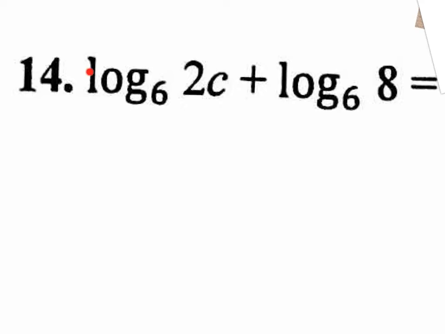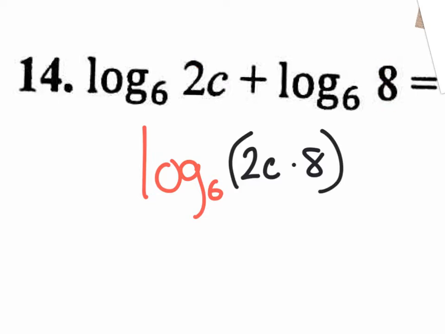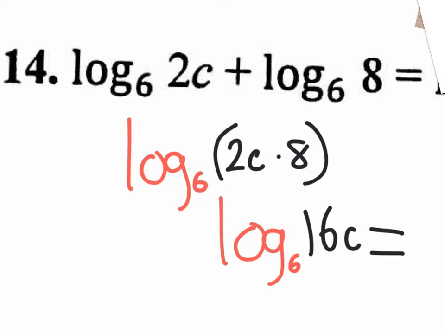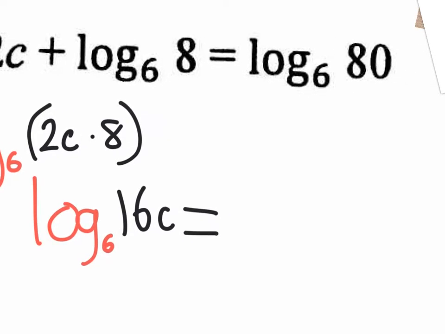So I'm going to take both of these log base 6 and write them together as one single log base 6. And all we have to remember of that property is that if you put them together, you have to take this 2c and multiply it with 8. So now I have 2c times 8. What's 2c times 8? 16c. So on the left side of the equation, here's my equal sign, on the left side of the equation, I really have log base 6 of 16c. Now on the right side, let me just bring it down.